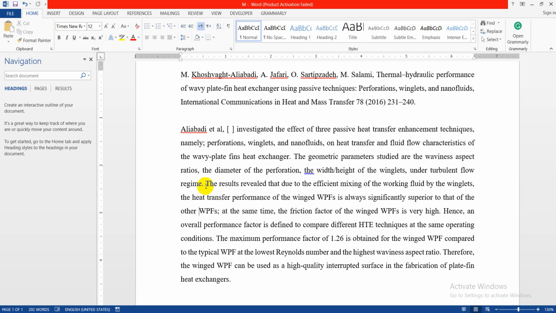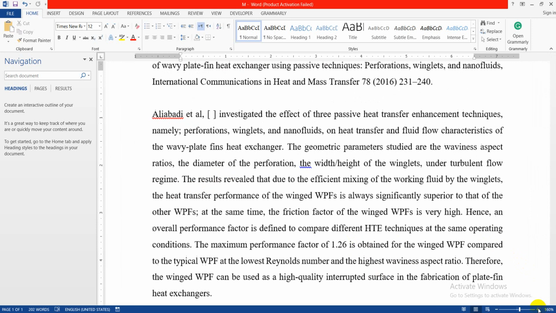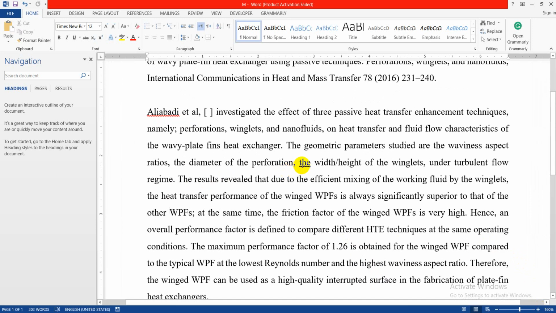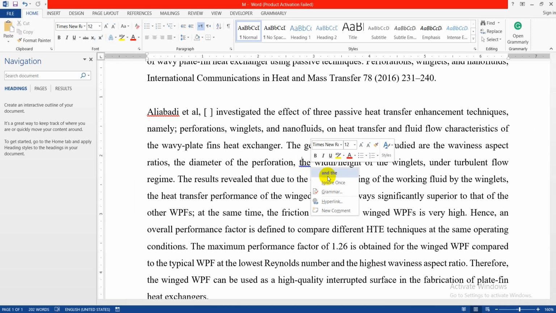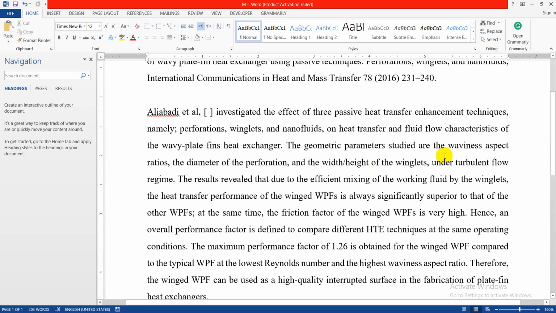At the same time, the friction factor of the winglets is very high. So you can say here, just let me zoom out. Okay, correct.